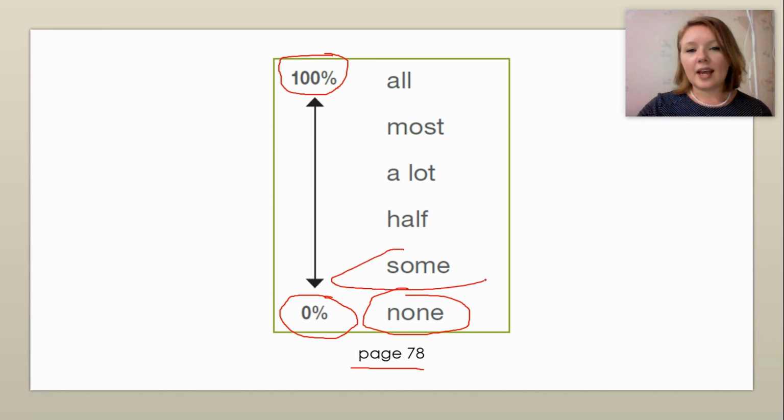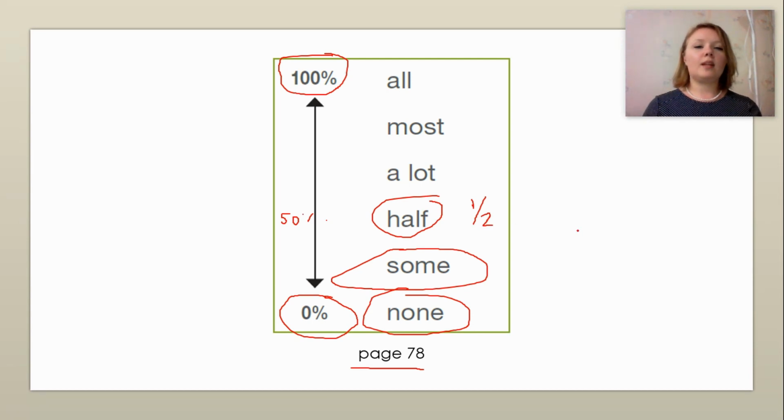Then next we have some. So if none is 0%, some is 1% to about 45%, 40% or so. And when we get to 50%, we are at half, right? This is half, 1 over 2, half. I have eaten half of the pizza. I have drank half of my water.